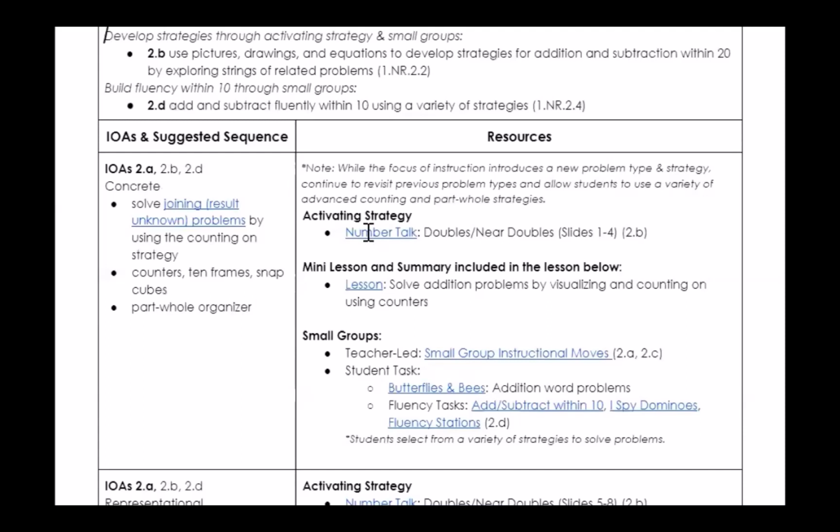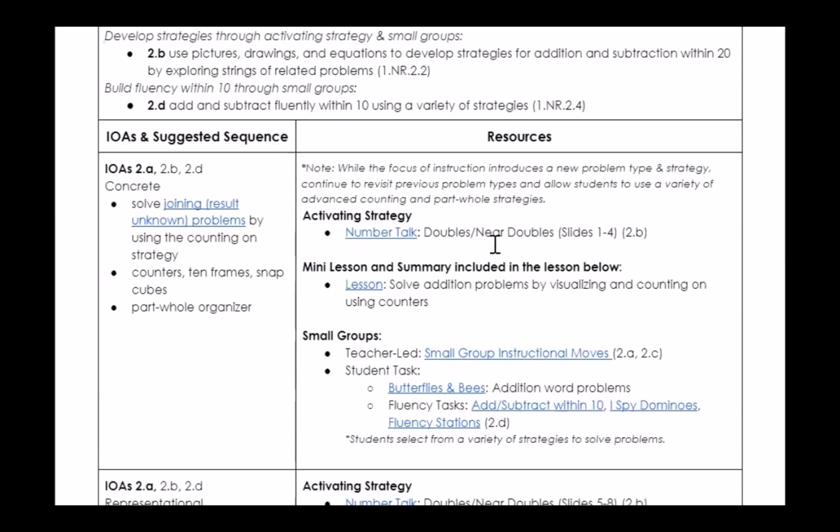The other thing you're going to notice is that IOA 2D is being addressed within this fluency task. These are embedded as one of the student tasks that you can use. And that's how we're getting at IOA 2D, that fluency within 10.